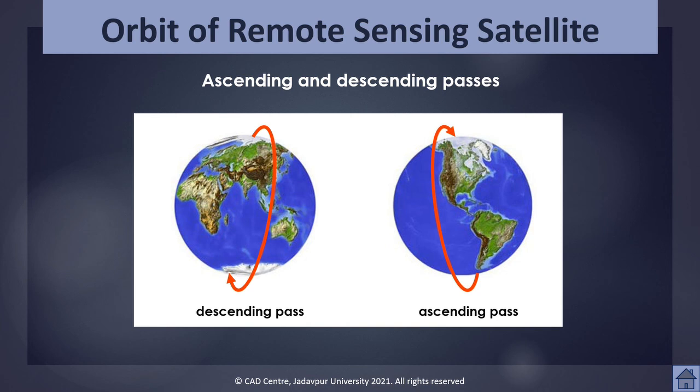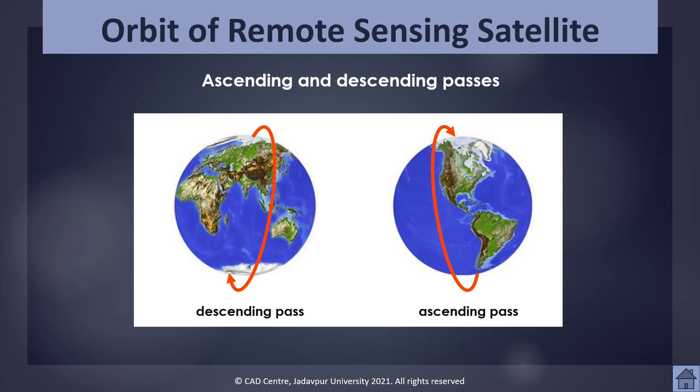In one side of the earth, it will move from north to south, and in the other side, it will move from south to north. If the satellite moves from north pole to south pole, then it is called descending pass. And if the satellite moves from the south pole to the north pole, then it is called ascending pass.